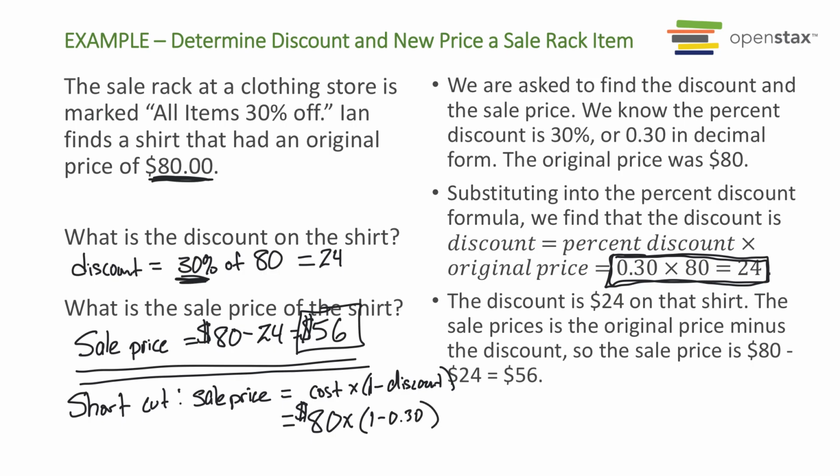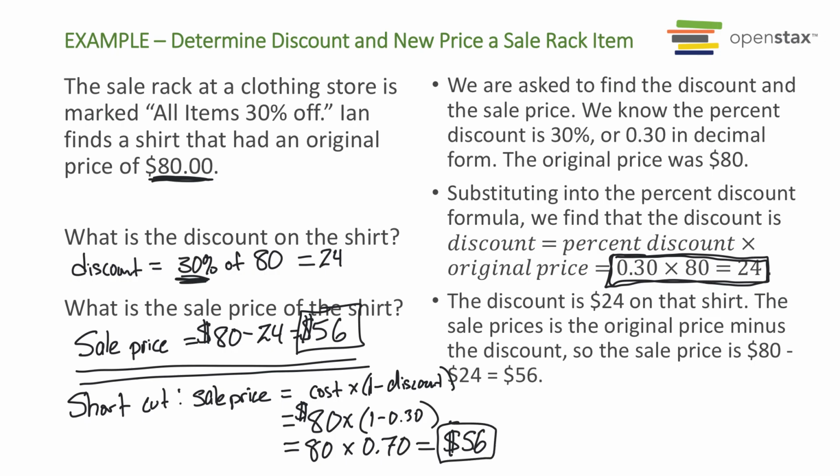So that's going to be 80 times 0.70. Okay, well, that's a quick trick, just 8 times 7, which is 56, and then just add a 0. But this does end up giving you $56.